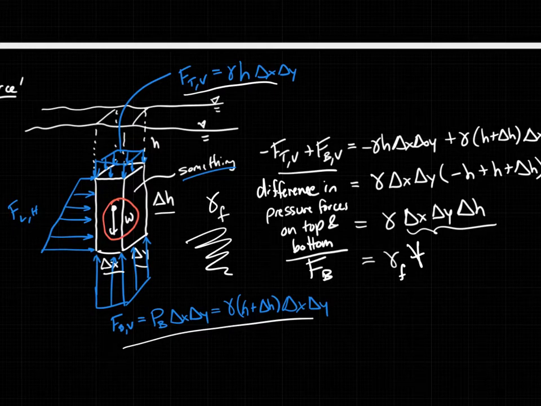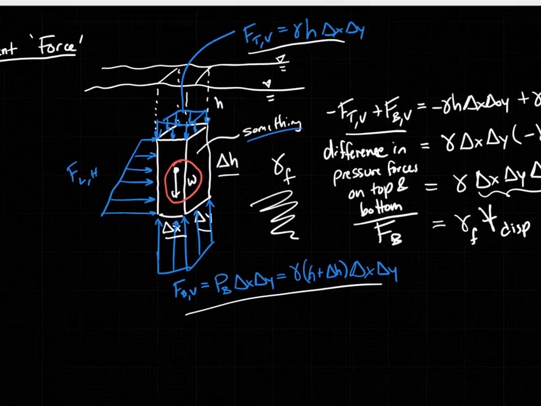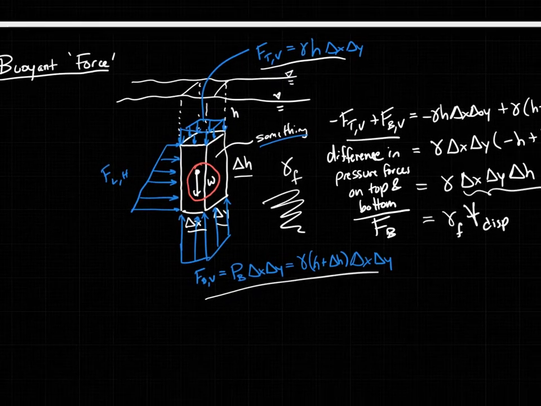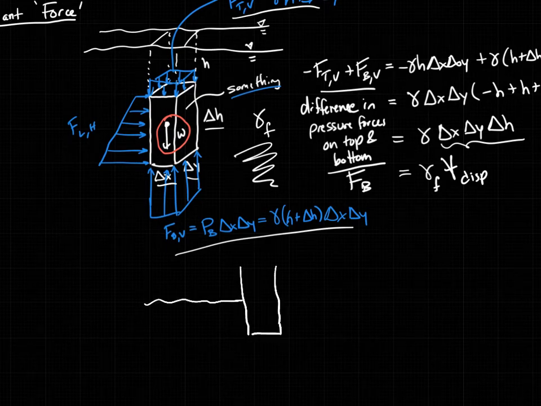Okay, this volume right here, this is what we're going to call the volume displaced. Okay, and this is really, really important. So you see where delta x, delta y, and delta h are. Okay, well, if this derivation, if instead I had derived it like this. Okay, so we're imagining we're at the surface or something, and this something is floating.